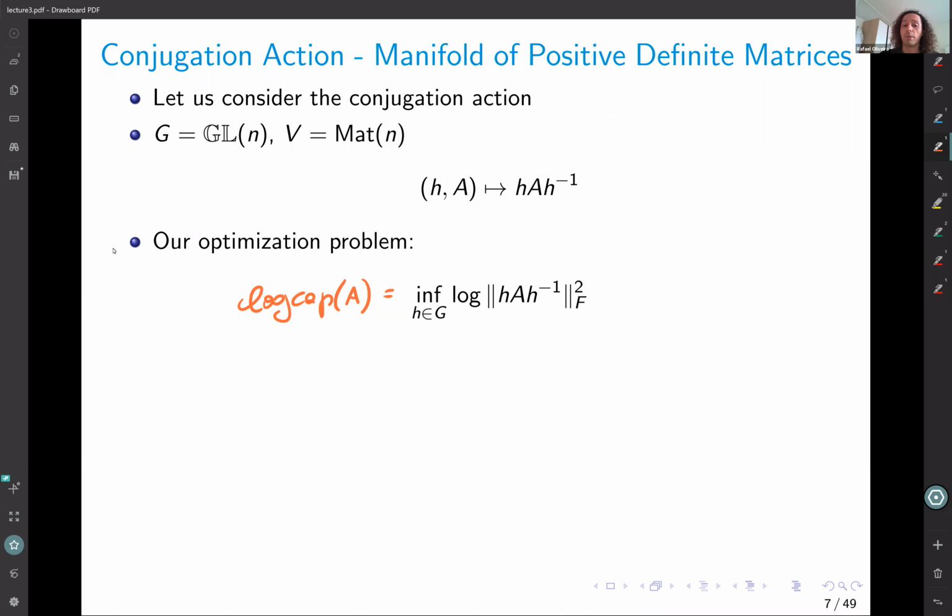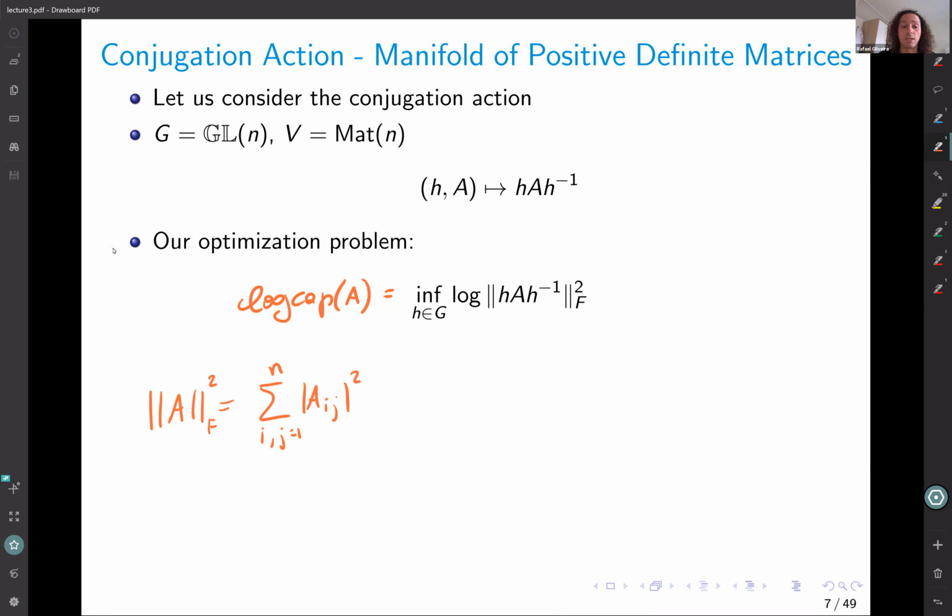And this is the Frobenius norm. If you remember, the Frobenius norm of a matrix squared is just the sum of the absolute values of the matrix entries squared.